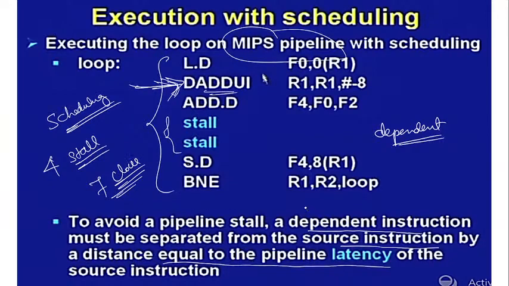So a dependent instruction must be separated from the source instruction. Here this independent instruction, the decrement, is added at the second position.